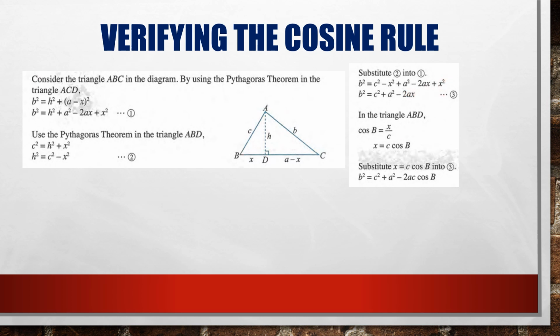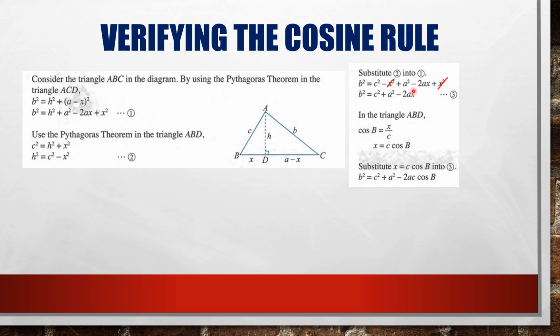So x square and x square can be cancelled. What is left is b square equals c square plus a square minus 2ax.